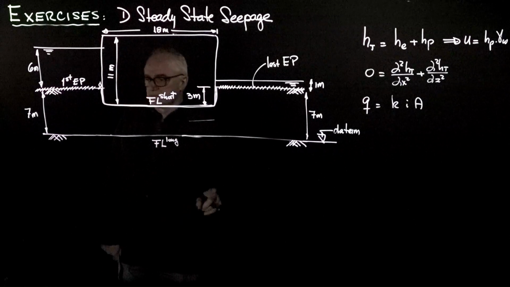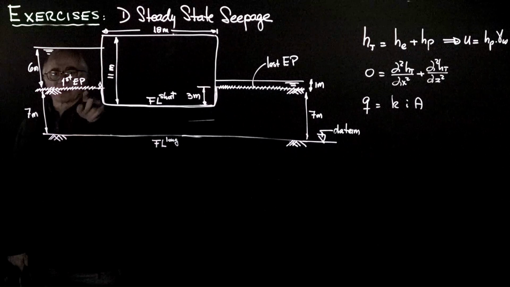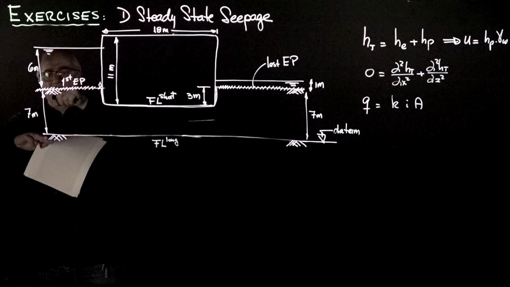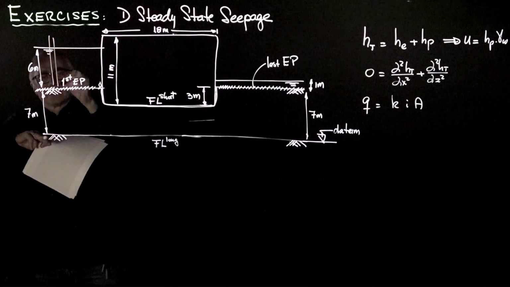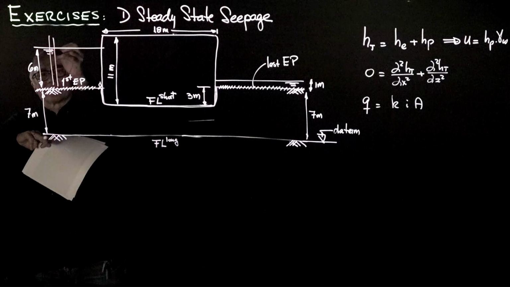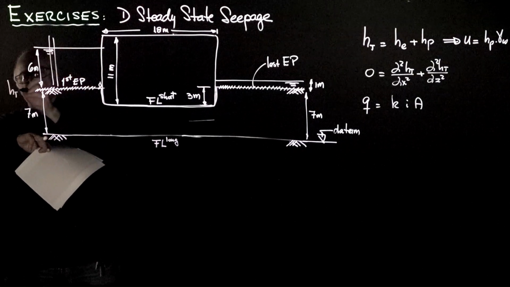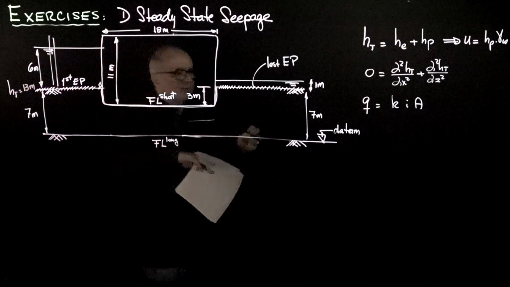Let's just finalize this by setting up the values of the total head. At the first equipotential, the elevation is 7, and if we place a piezometer here, the water will rise to the reservoir level, so 6 meters plus 7 meters. This H total is equal to 13 meters. And at the exit, we'll do the same.